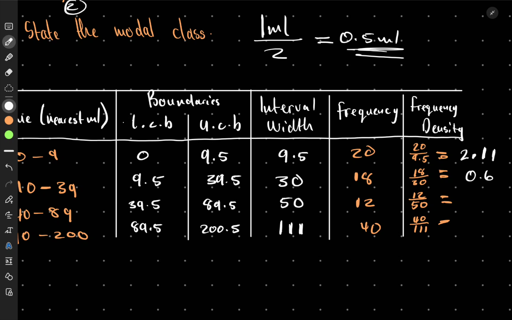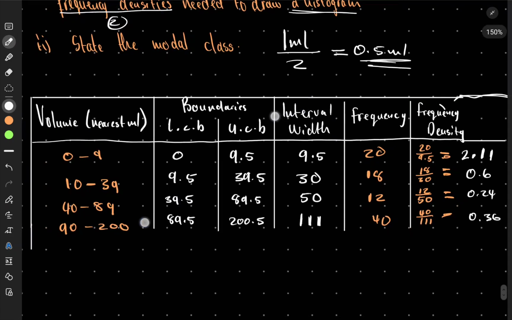Then here, 12 divided by 50. We'll get 0.24. Then 40 divided by 111 would get 0.36. Now these are going to be your frequency densities, and we can plot them on our histogram. Great, we can put them and make a histogram.